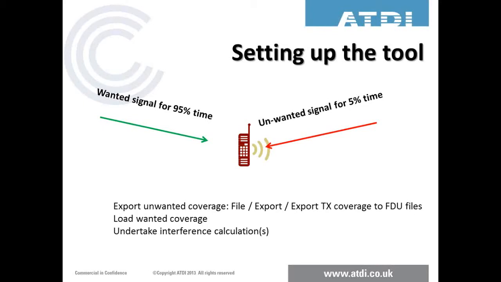One for the wanted signal using a model which is modeling the high percentage of time that we need, and another model which is modeling interference for a low percentage of time. We run those 2 coverage calculations, we save them, but for the unwanted, we actually then export them to a location on our system, on our network, on our PC, wherever. And the tool can then tie the 2 sets of predictions together by using the call signs.